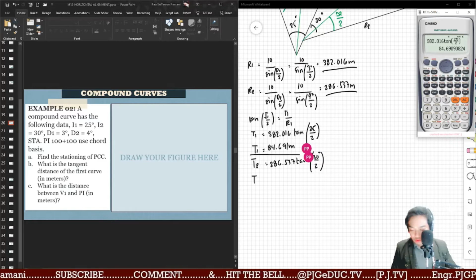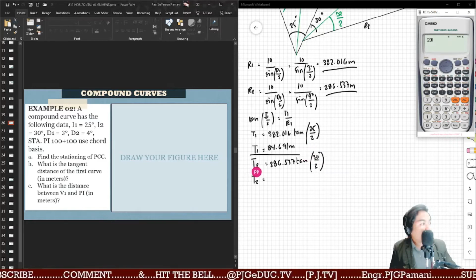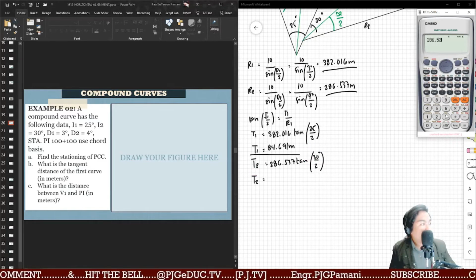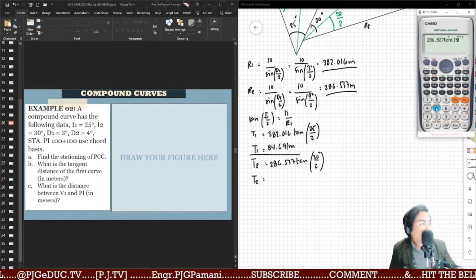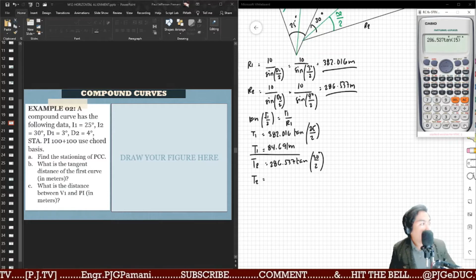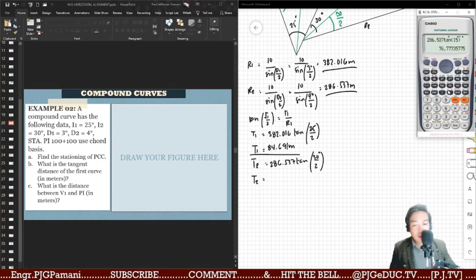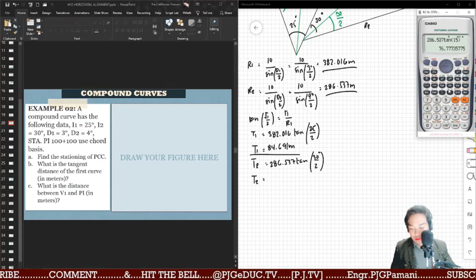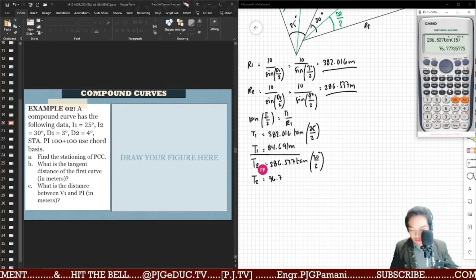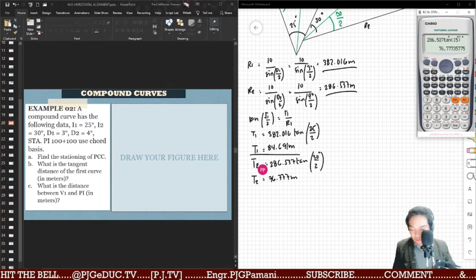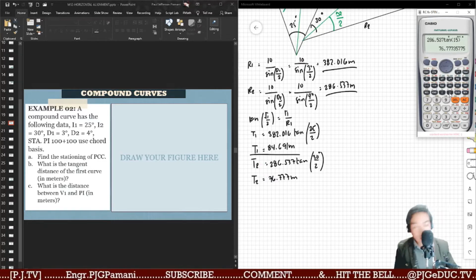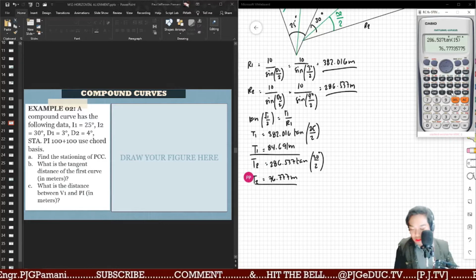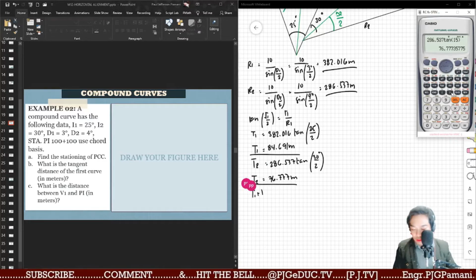T2 is simply 286.537 tangent 30 over 2, 15 degrees. That is 76.777. Okay? We have T1 and T2, so let's go straight on. Let's solve the common tangent as well, T1 plus T2.